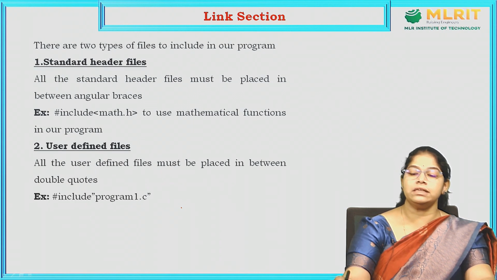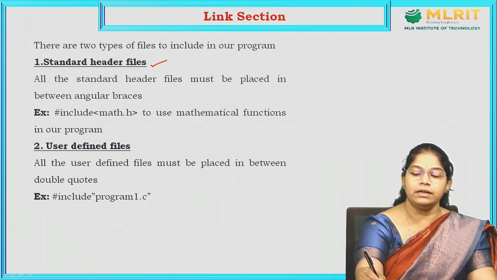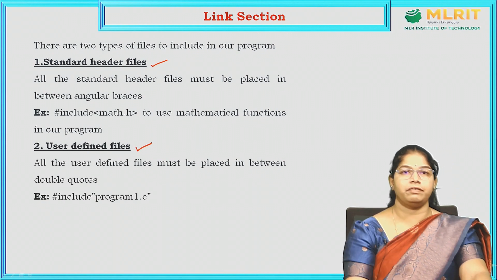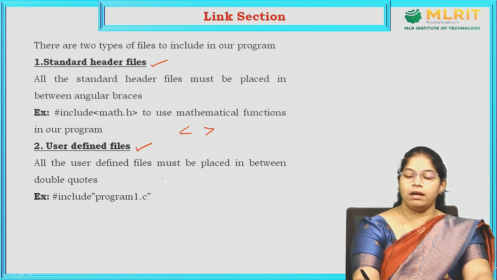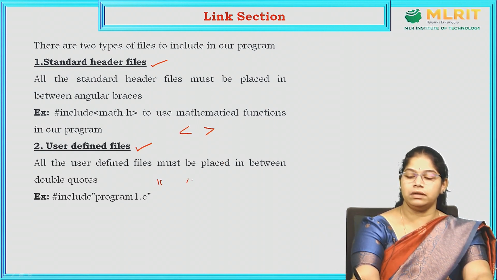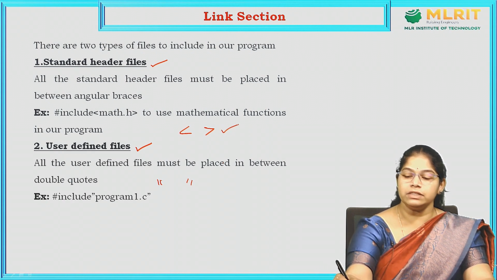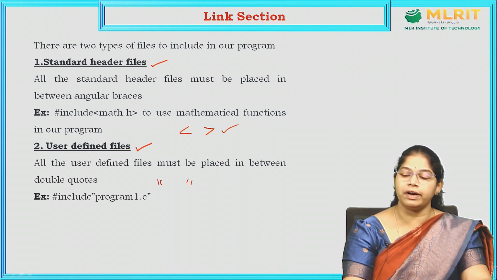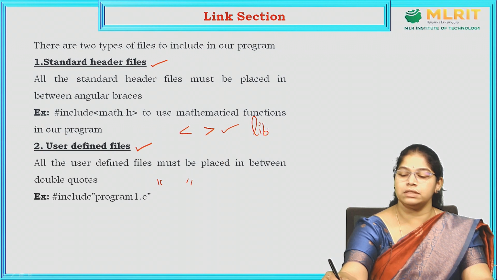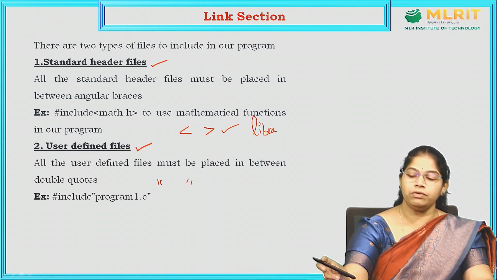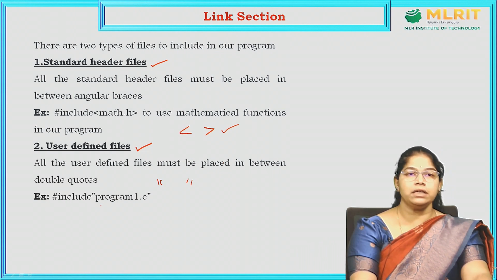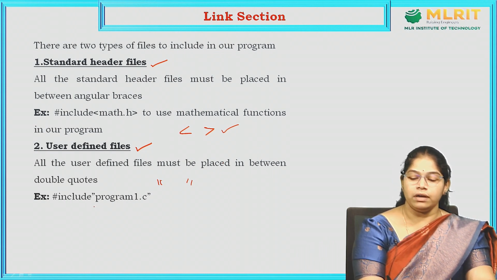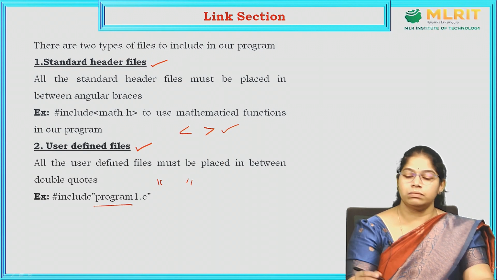Header files are divided into two types: standard header files and user defined header files. Standard header files must be placed in angular braces, and user defined header files must be placed in double quotes. The standard header files are those whose definitions are already defined in the C libraries. The user can also include his own code as a header file in his program.